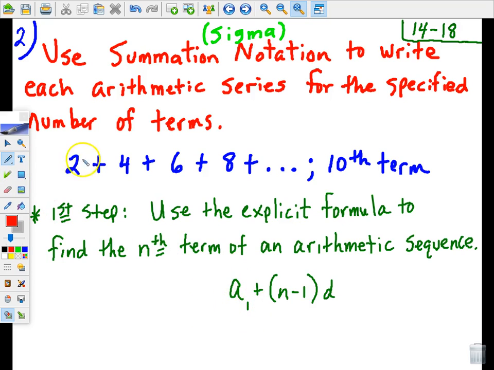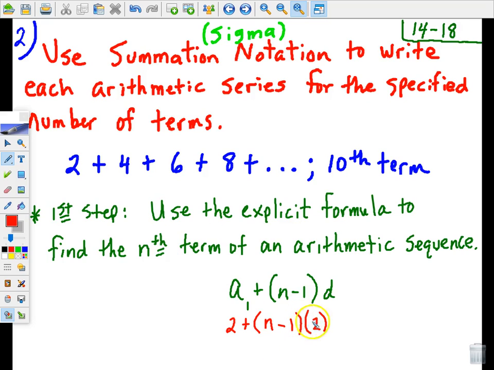So let's plug in our first term, which is 2. I'm not putting anything in for n, okay? That's not the purpose. I do need to, however, substitute a number in for d, the common difference. Notice that to go from 2 to 4 to 6, we're adding 2 each time, so d is 2.